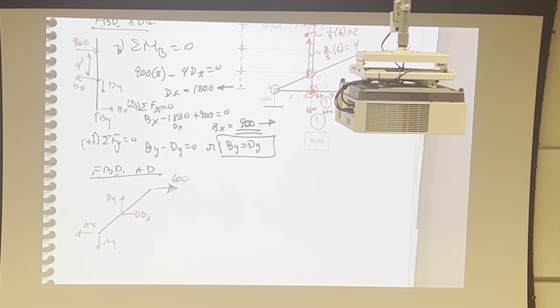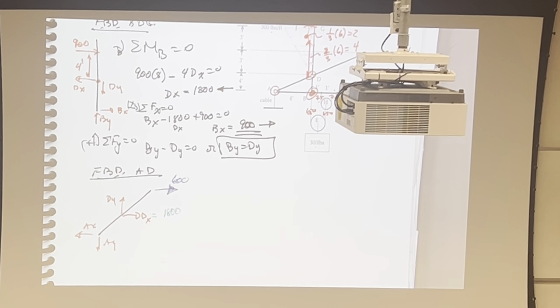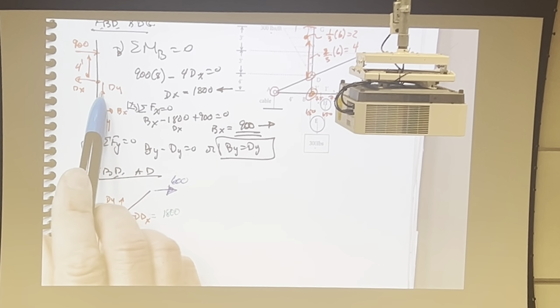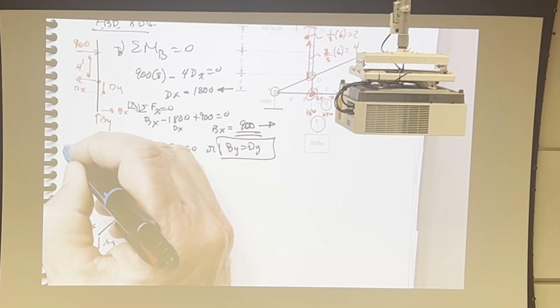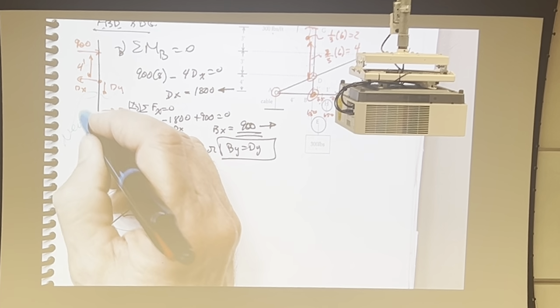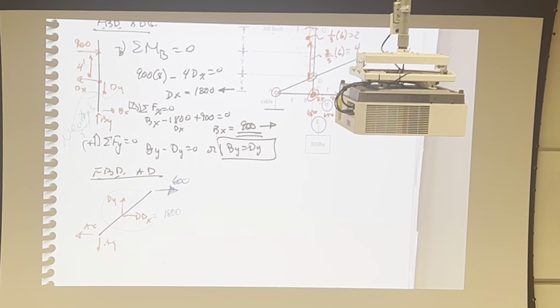I do know dx. Put it in. dx is 1800. Please note, when I drew dx, dy, they're equal and opposite to what I drew before. Newton's third law.